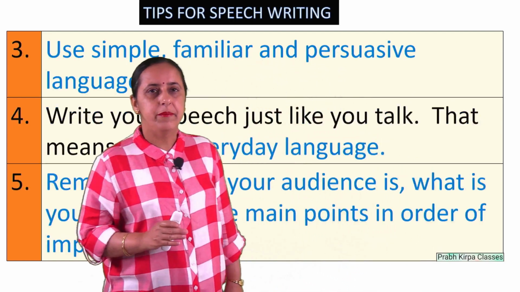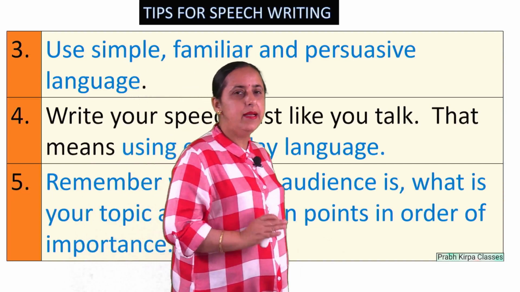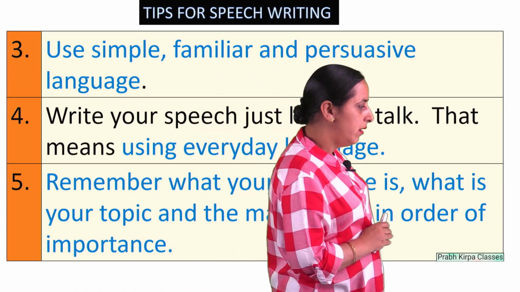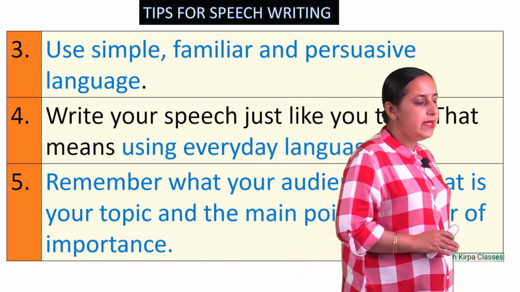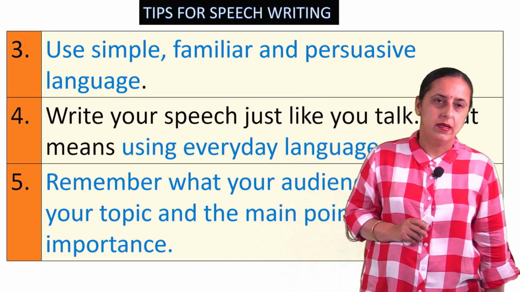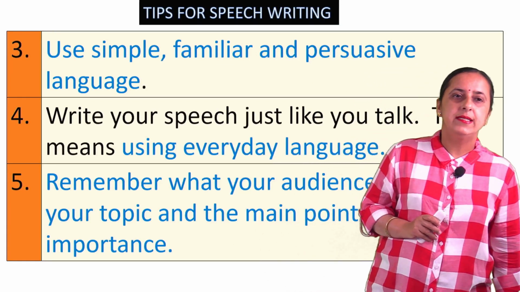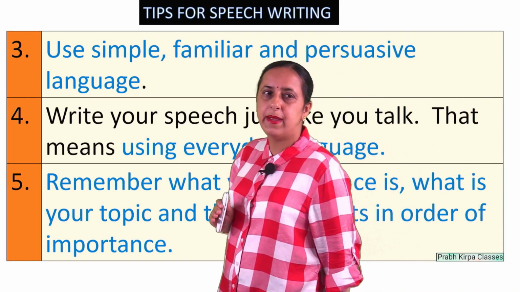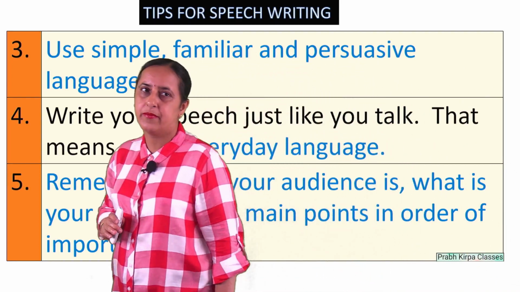Third, use simple, familiar, and persuasive language in speech writing. Simple and familiar language is easily understood by the audience. Persuasive language helps to convince the audience of the importance of the message being conveyed.